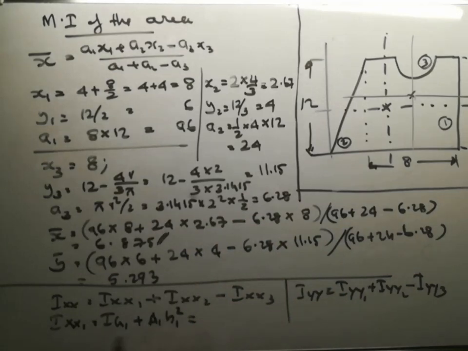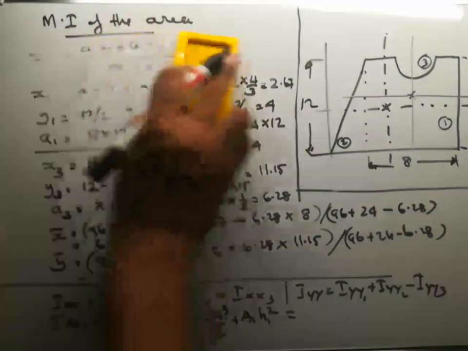So that is B1 H1 cube by 12 plus A1 H1 square. I will write it here.